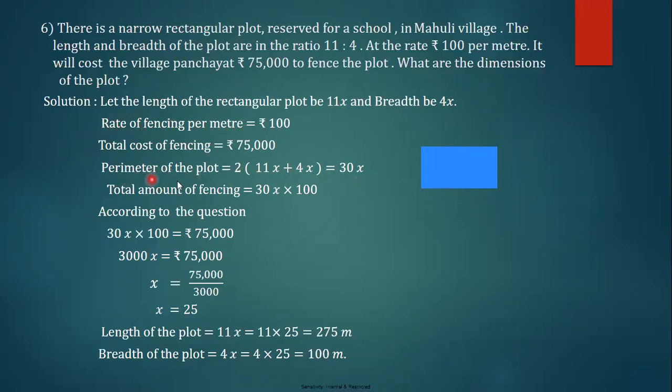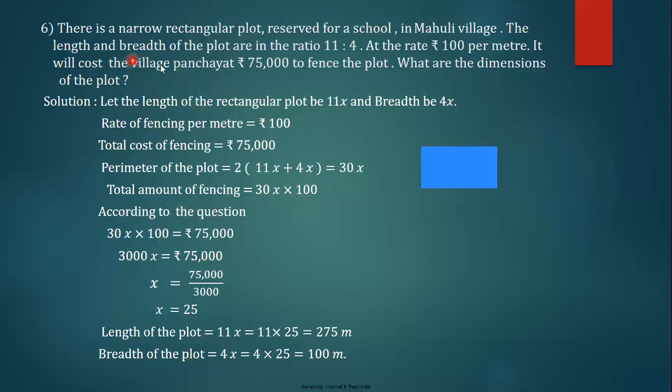Total fencing length, the perimeter, we got as 30x. The fencing rate is 100 per meter, so the total amount of fencing will be 30x into 100.